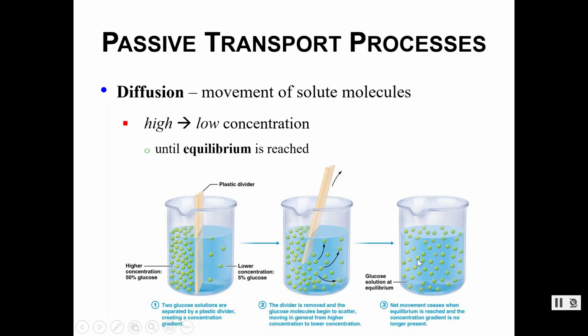A net movement would be what we just did over here, a big left to right movement or a big right to left movement. But at equilibrium, we're not seeing that anymore because everybody's fairly evenly spread out. So this is how diffusion works. We're going to go from high concentration to low concentration until we hit equilibrium.